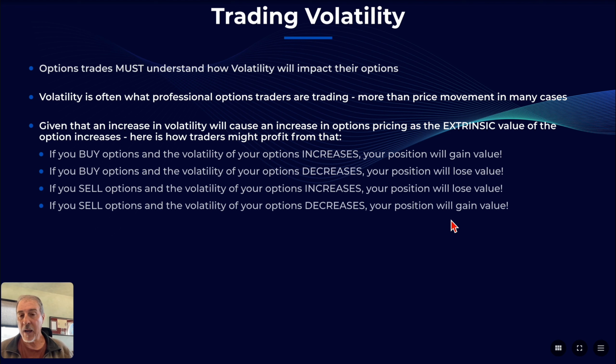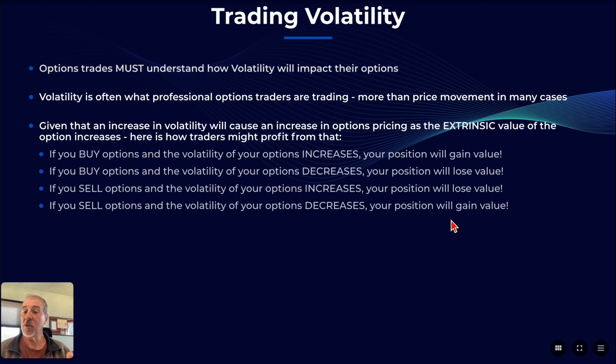If you buy options and the volatility of your options increases, your position is going to gain in value. If you buy an option and the volatility of your option decreases or shrinks up, your position is going to lose some value. If you sell an option, which is what many options traders do, and the volatility of your option increases, that's not going to be good for you.